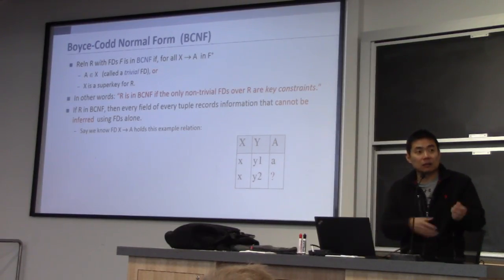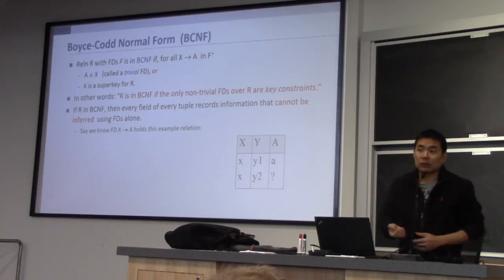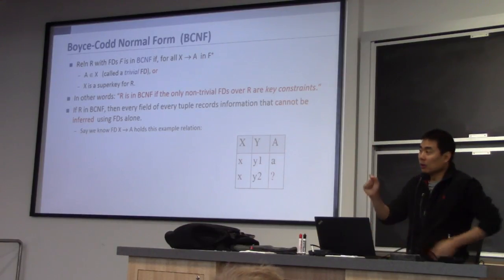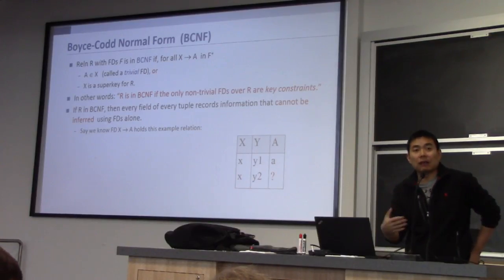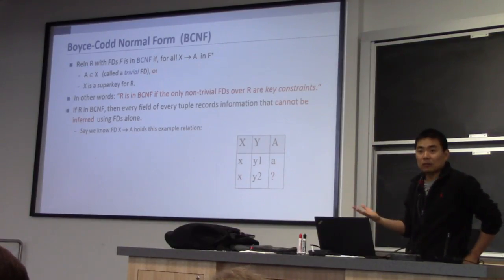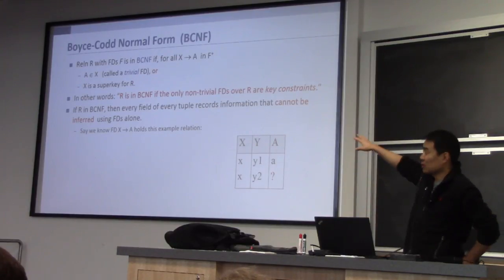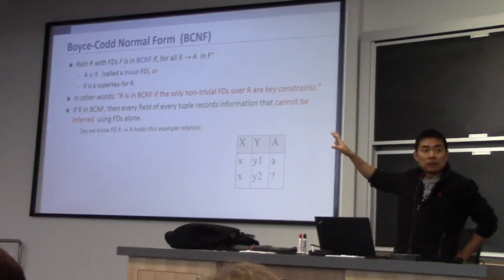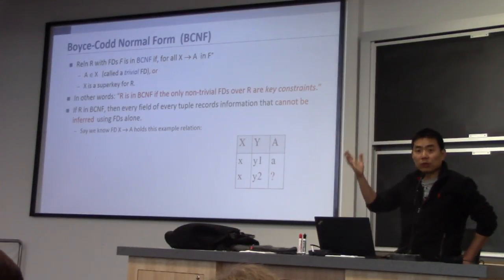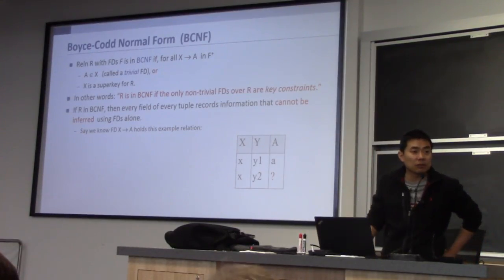I think the latter message is more important, if you ask me, if you are going to have a full understanding of BCNF and why people define BCNF in this particular fashion. Right? People don't just come up with some random rules and enforce that. They put forward these rules for some strong reasons.